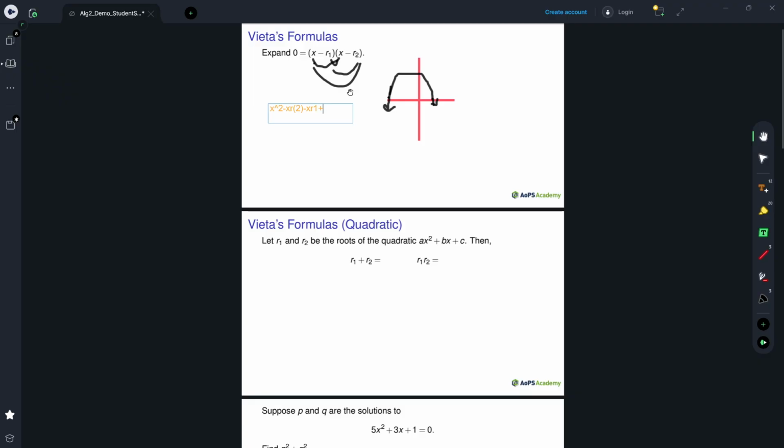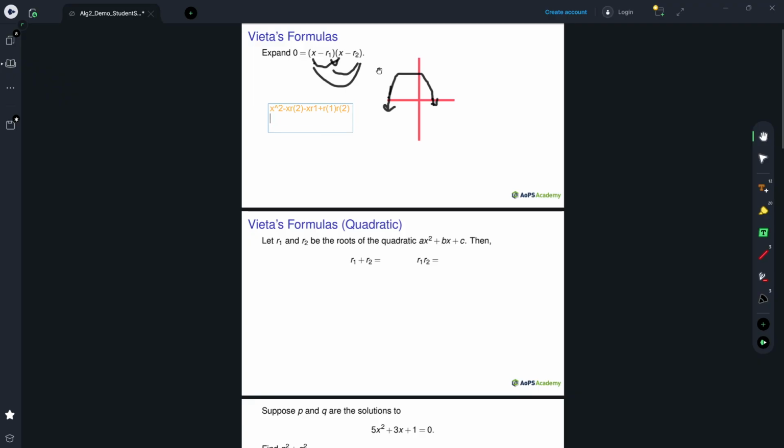And now we're going to do the last one. So minus r1 times minus r2. James, what's going to be minus r1 times minus r2? The negative signs cancel out, and you just get r1 r2.